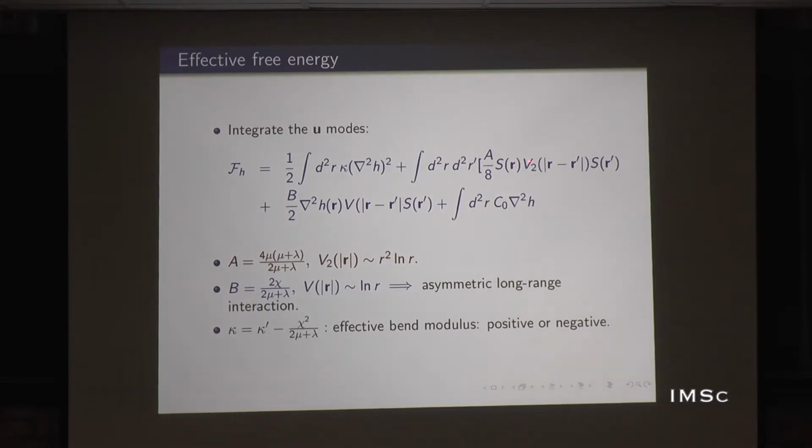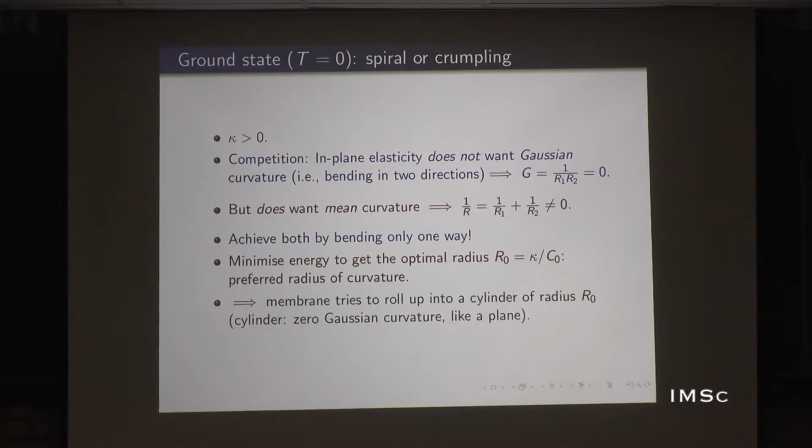So, the in-plane elasticity, which is responsible for creation of these long range terms, does not like Gaussian curvature, which means a Gaussian curvature will be there only if you bend in two different directions, otherwise the Gaussian curvature is 0. So, the in-plane elasticity favors the Gaussian curvature to be 0, but it does want the mean curvature to be non-zero, because to start with we have a spontaneous curvature. So, there are two competing interests.